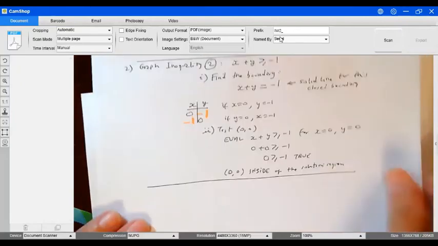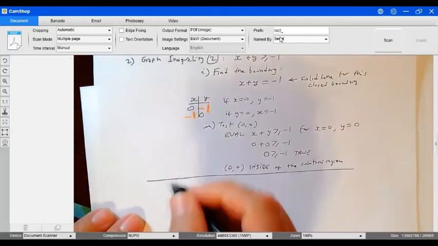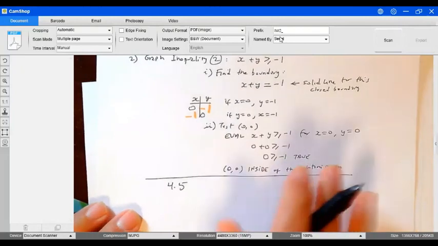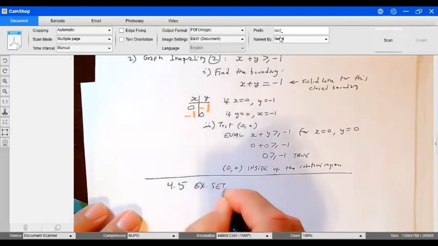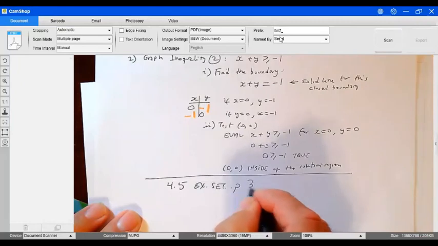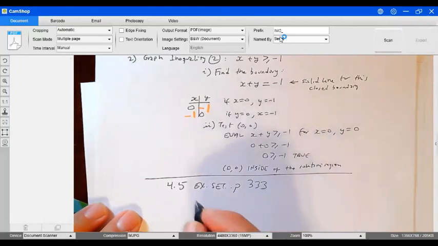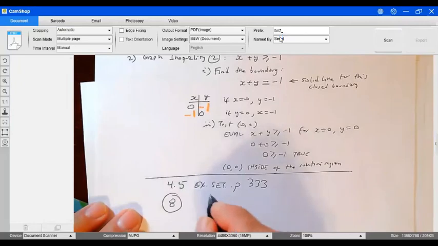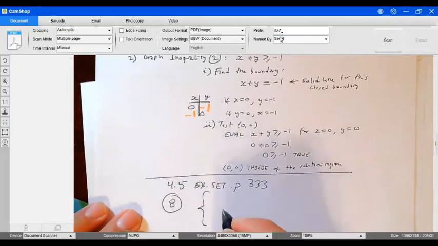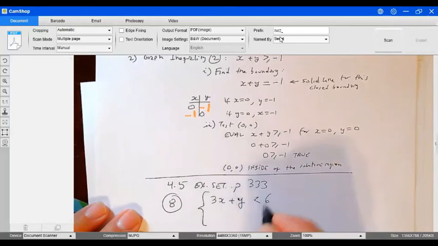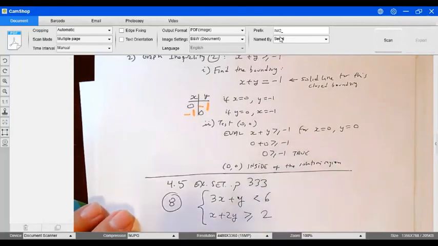So you're going to go to 4.5 exercise set on page 333, and you're going to solve the system of inequalities, 3x plus y less than 6, and x plus 2y greater than or equal to 2. So solve this system of linear inequalities.